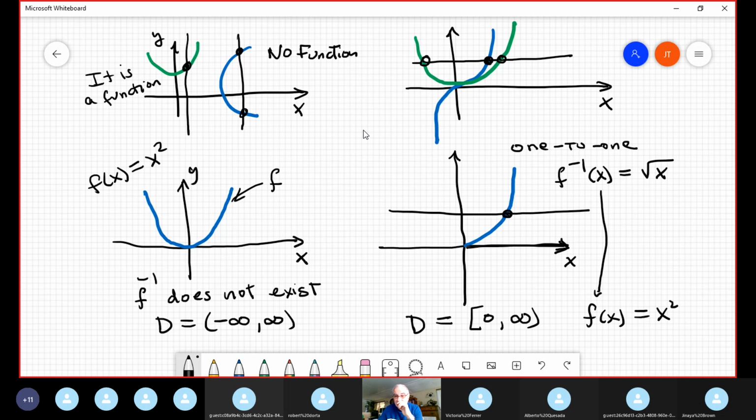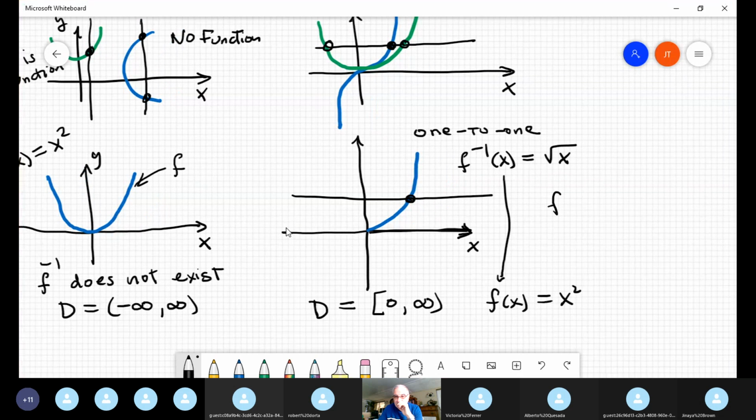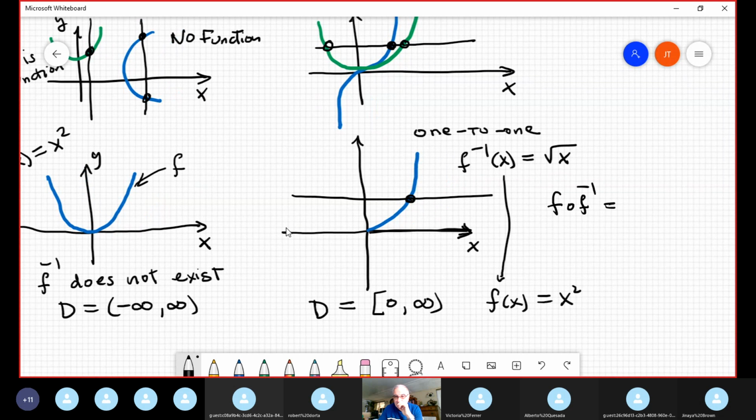The square root and x squared undo each other when you connect them by composition. Suppose you form the composition. Let me do it quickly. f composed with f inverse is this inside this, so this expression goes inside, like the square root of x squared. The square root and the square power cancel, and again we get the identity.